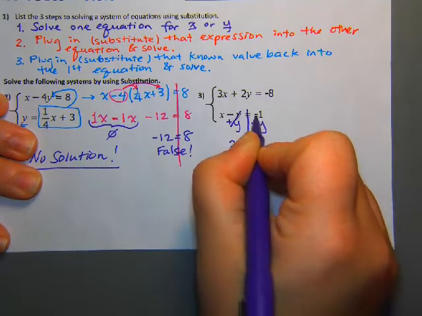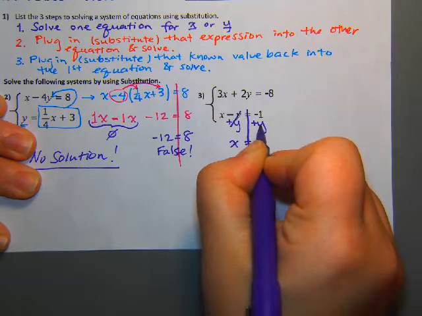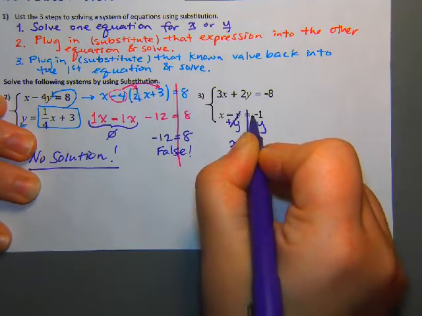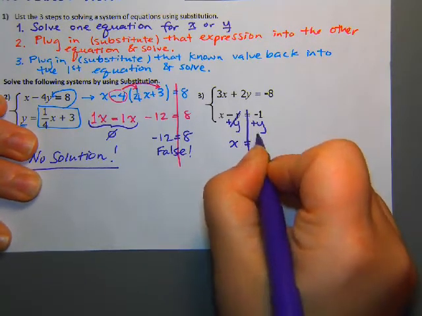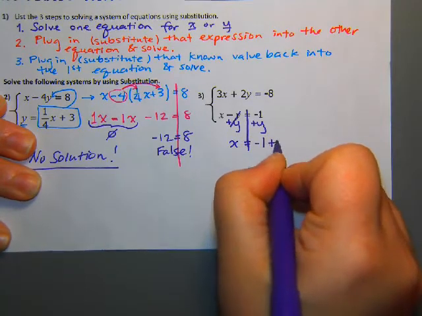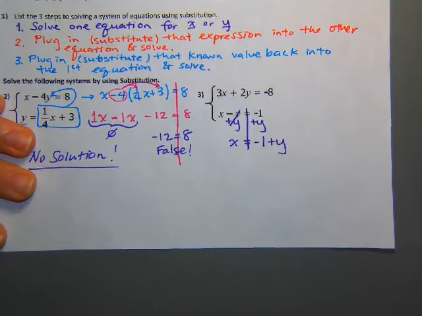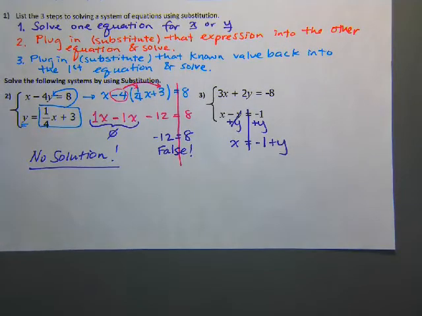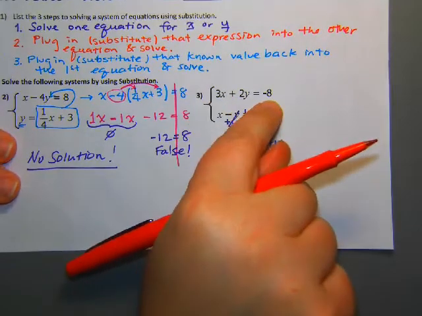So I can either write -1 plus y or positive y minus 1. I'm going to do it the first way, but again, you can write it the other way. Okay, great. So now I have that, and I want to do step 2, which is to take this and substitute it into the other equation, which is this one.